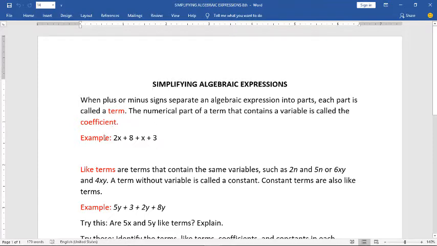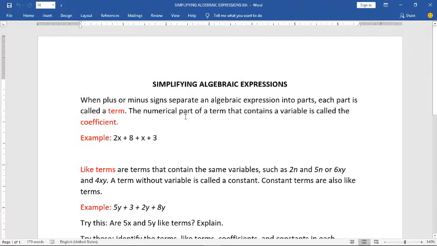For example, we have 2x plus 8 plus x plus 3. 2x is a term itself. 8 is a term itself. x is a term. And 3 is a term. In this algebraic expression, we have 1, 2, 3, 4 terms.